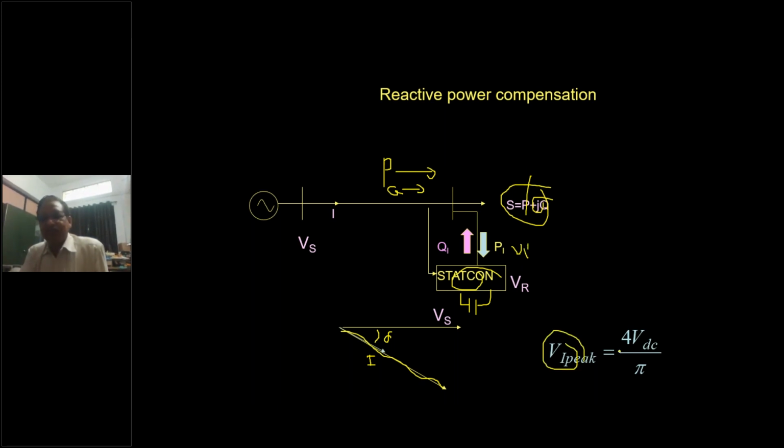The voltage relation is given by 4 VDC upon pi, which we are going to see in inverter, multiplied by VDC. Now suppose this VDC increases, so Vi will increase. As Vi increases, it will supply the reactive power to the system. So reactive power requirement from the source will reduce, and the power factor will improve.